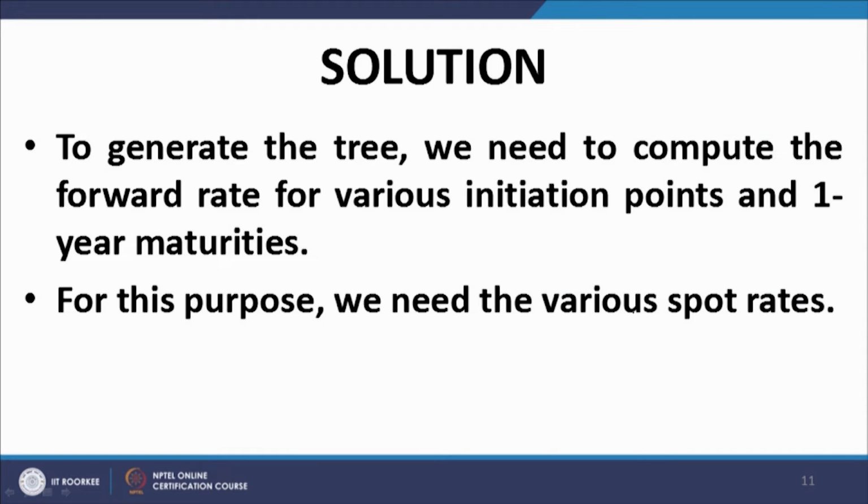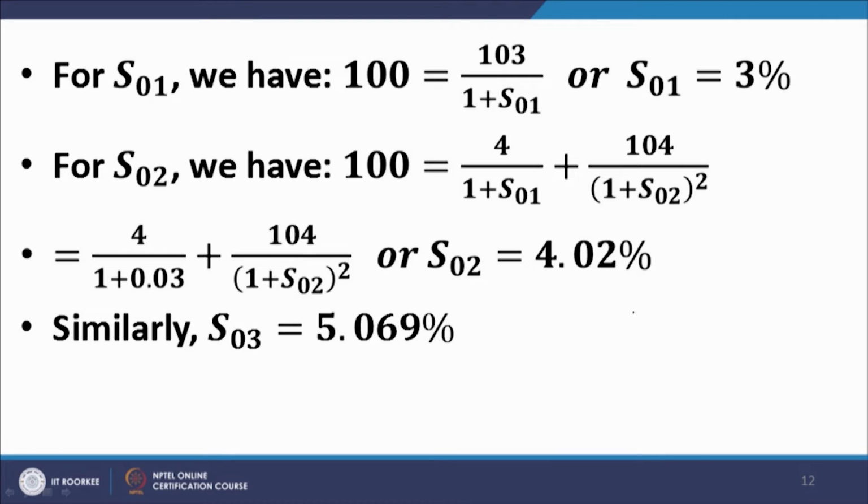Now, let me briefly explain what we mean by par rates. Let us look at this particular slide. When we talk about the par rate, what we are saying is that if the par rate is x, then if x is the coupon rate of a given bond to which this par rate is ascribed, then the bond should be quoting at par. Let me repeat.